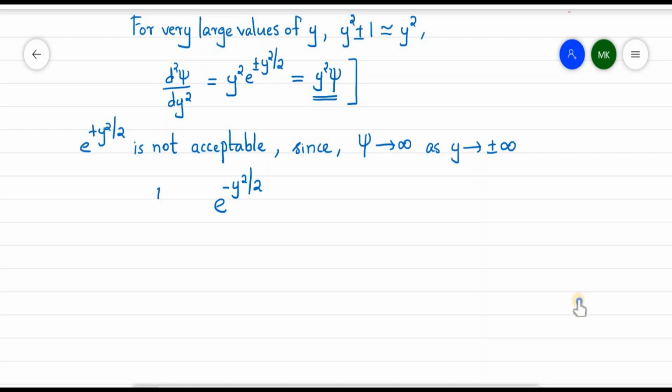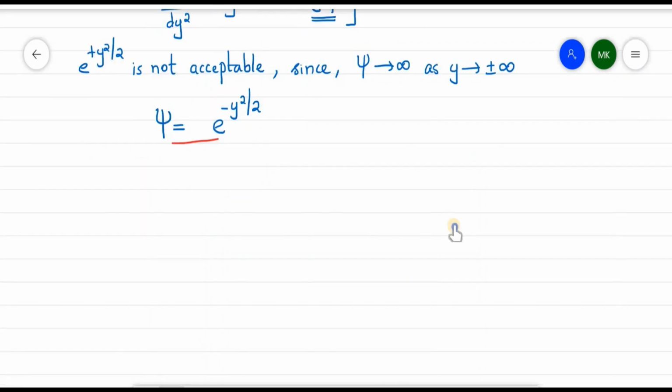Thus, we see that xi equals e raised to minus y square by 2 is an asymptotic solution to equation 4. So this suggests that the general solution of equation 4 contains the factor e raised to minus y square by 2, and we assume that the complete solution of equation 4 is of the form xi equals f of y e raised to minus y square by 2, equation 6.